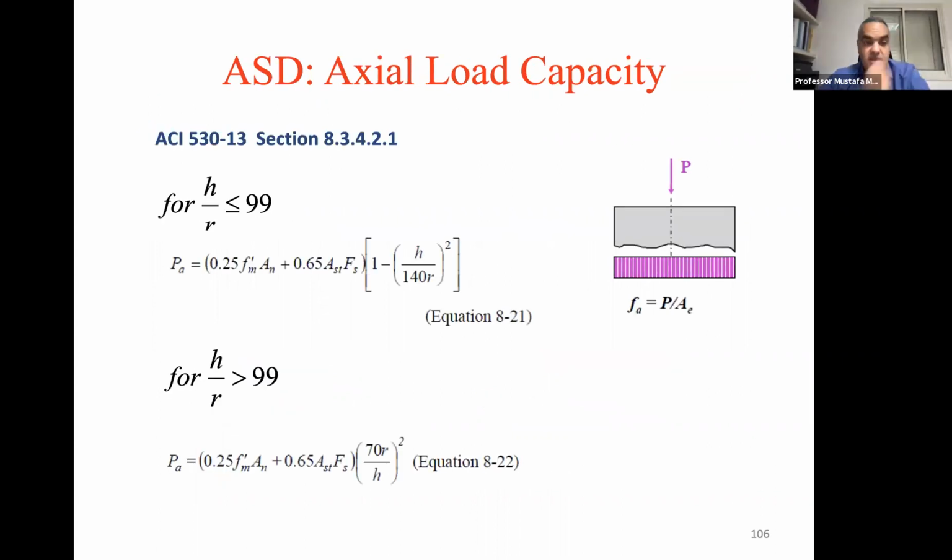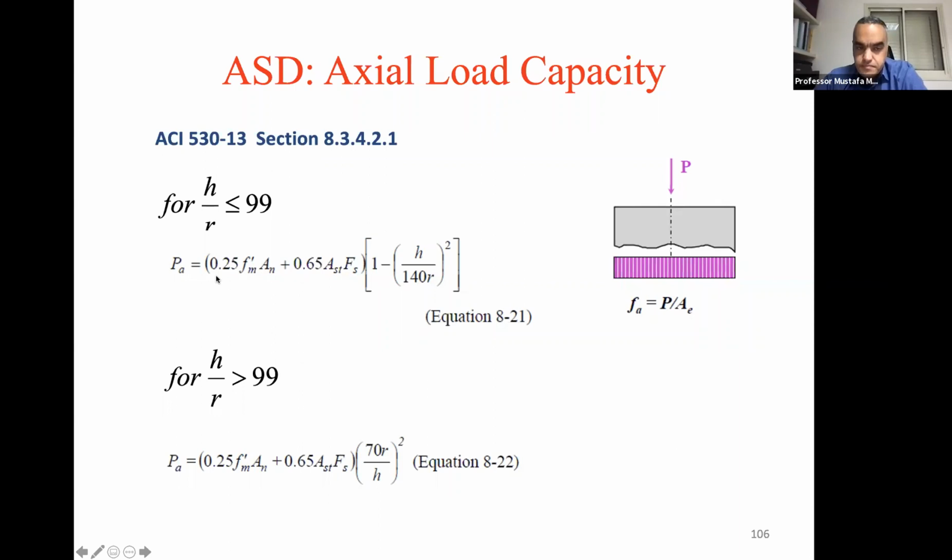Axial load capacity, for reinforced. If you recall, for unreinforced, we just had the masonry. That was 0.25 F prime M times the net area times what's in the brackets, if you recall, for H over R less than or equal to 99. Here, we do have reinforcement, so we have to include that in the capacity.